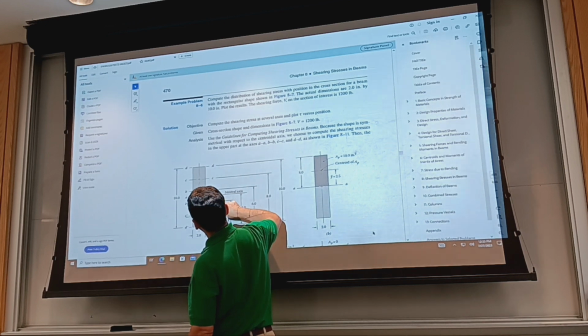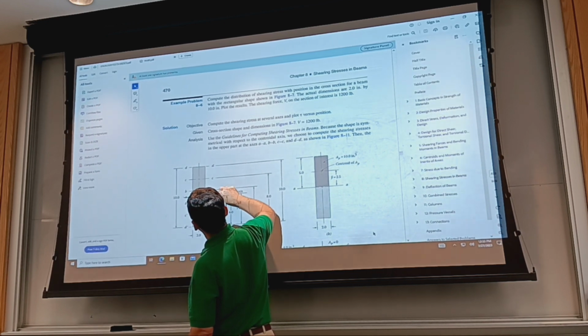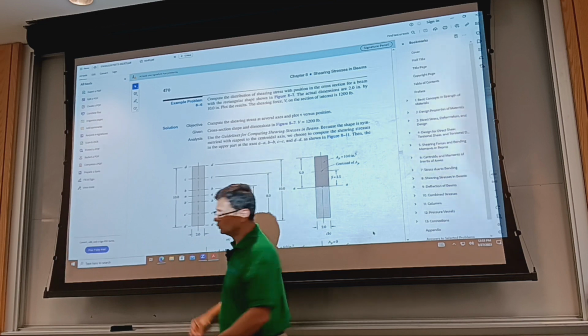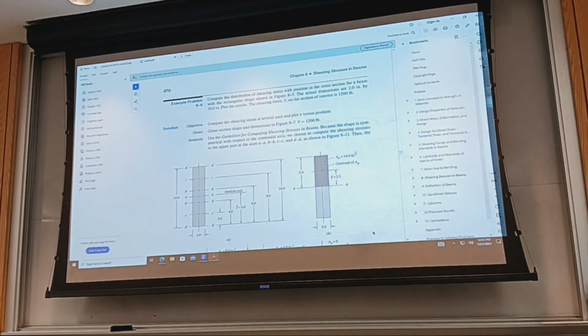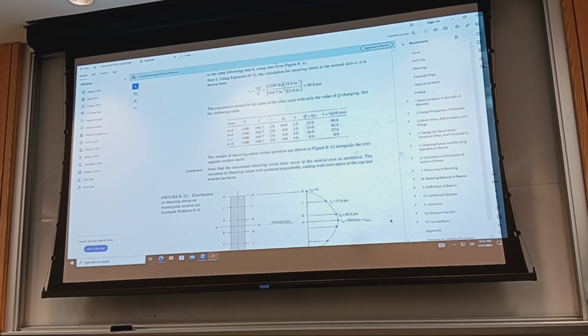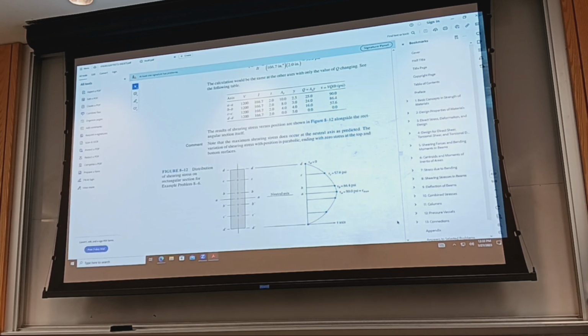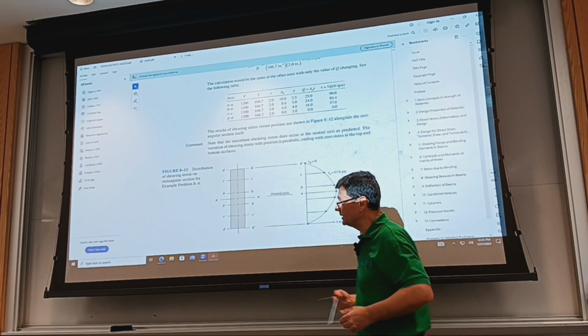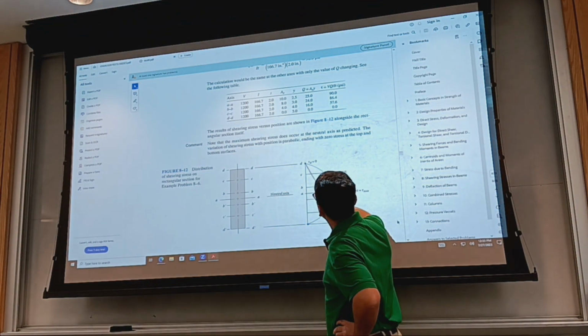And then they take several locations, centroidal and then moved above and below from the centroid, apply the formula, and calculate the respective stresses, and plot this graph. Again, using the general formula, they produce this graph.